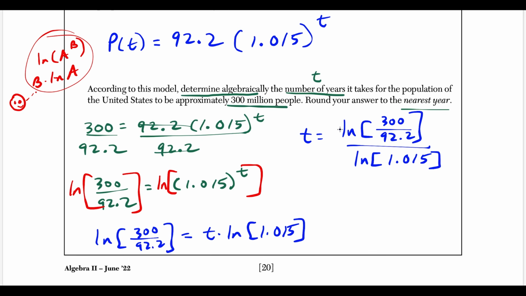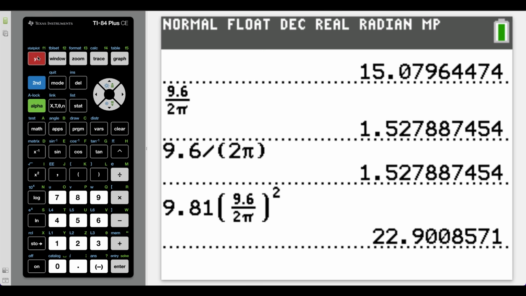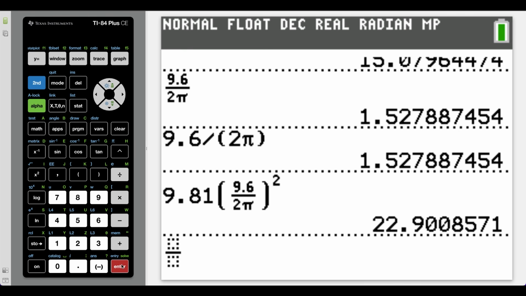Just know, once again, this would have worked if we used log, but I just happen to pick natural log. So we could just type this in. We have alpha y equals, enter to pull up a fraction, and on top we had natural log of 300 divided by 92.2. And then in the denominator, we also had natural log of 1.015 like this.